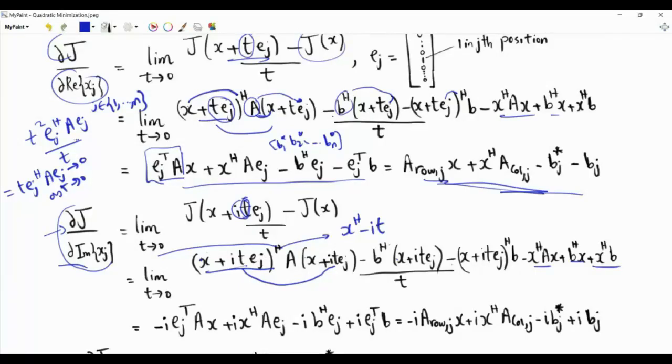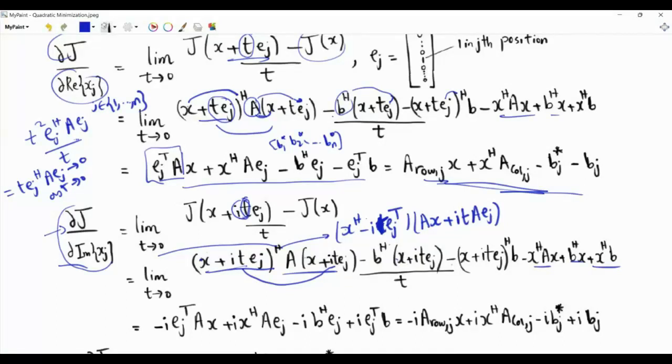And ej Hermitian, I can write it as ej Hermitian, or as ej transpose. Okay, and then the other guy will be the bracket Ax plus I t, and then we have A times ej.